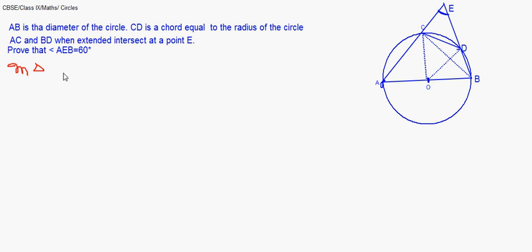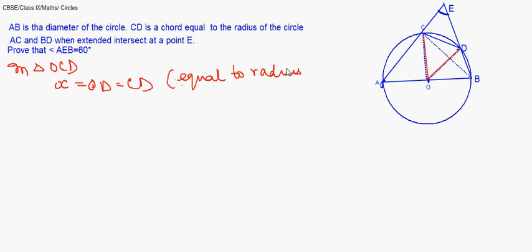In triangle OCD, it was informed to us that CD was equal to the radius, so all three, OC, OD and CD, are equal because they are all equal to the radius. That makes triangle OCD an equilateral triangle.